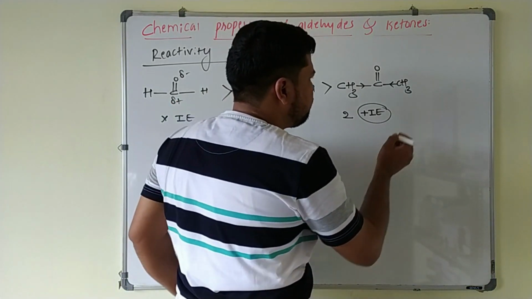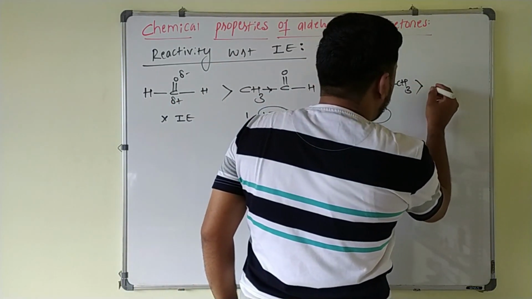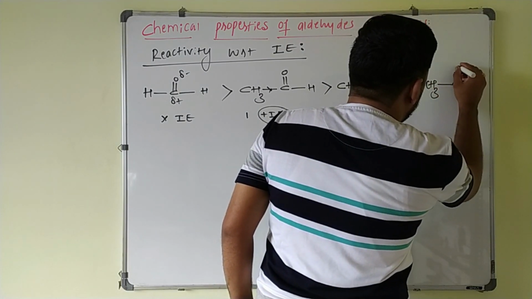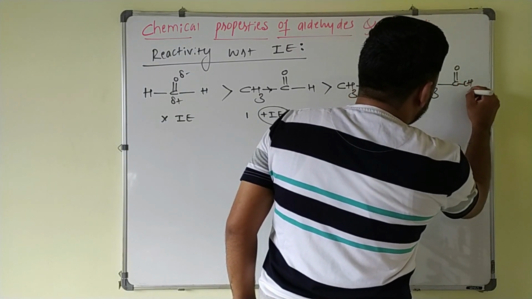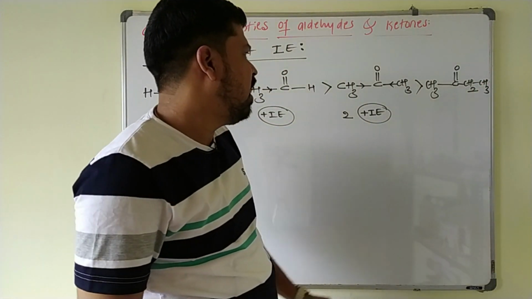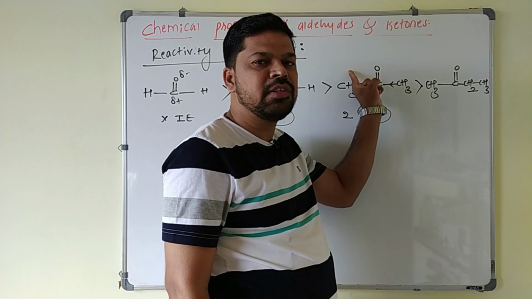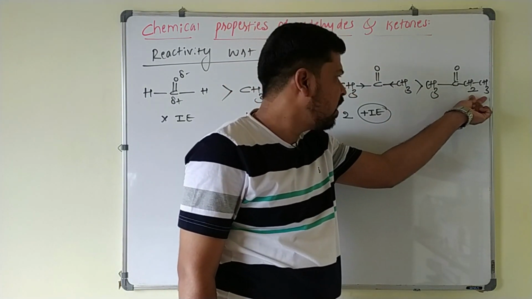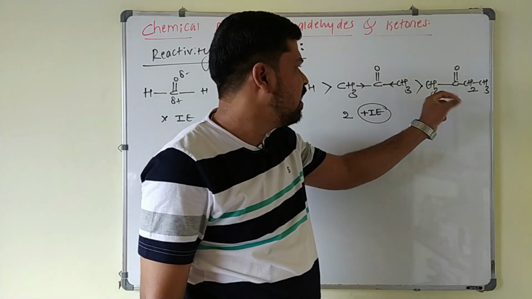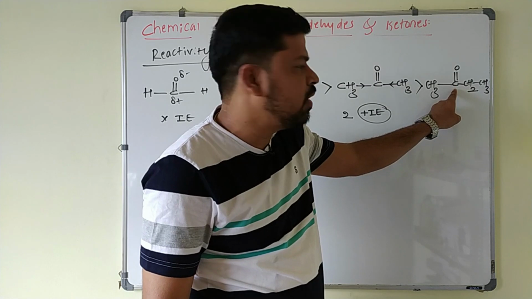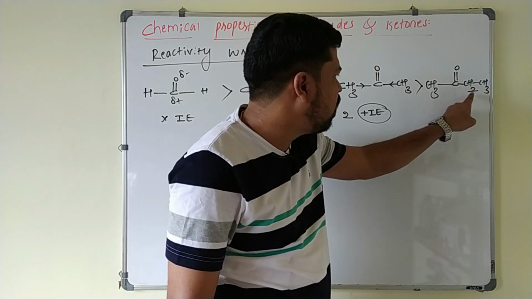If you take one methyl group and one ethyl group, this is CH3, C double bond O, CH2 and CH3 here. Again this is less reactive as compared to this one, because the inductive effect due to two carbon atoms is more as compared to one carbon atom. That's why here the inductive effect is one time due to the methyl group, and one time due to what? The ethyl group.